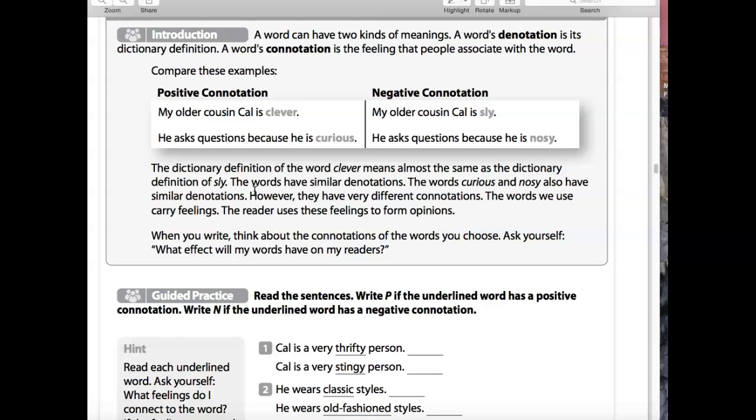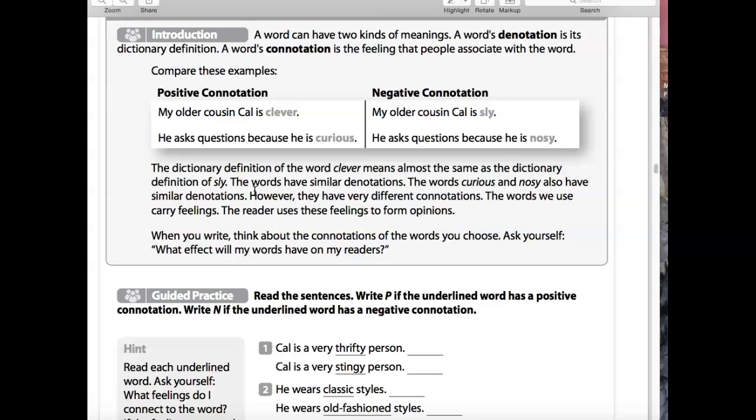All right, compare these examples. My older cousin Cal is clever. My older cousin Cal is sly. The dictionary definition of the word clever means almost the same as the dictionary definition of sly. The words have similar denotations or definitions in the dictionary.